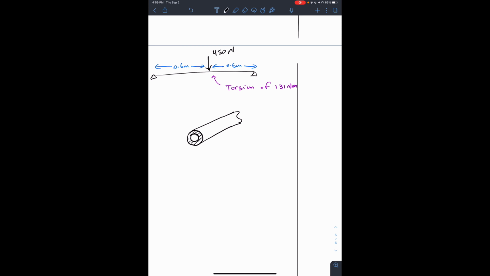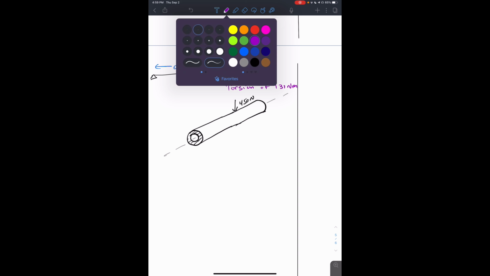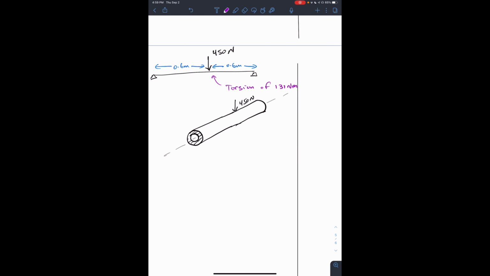Right, so somewhere along here we have 450. I'm gonna draw the whole thing just for completion's sake. Right, so somewhere in the middle here we have the 450 newton being applied. Right, this is the center line of the pipe going through here. So what we have is twisting of this pipe by 131 newton meter.